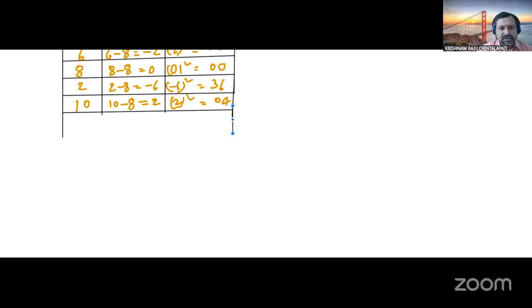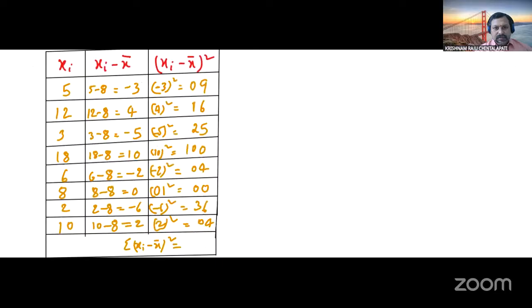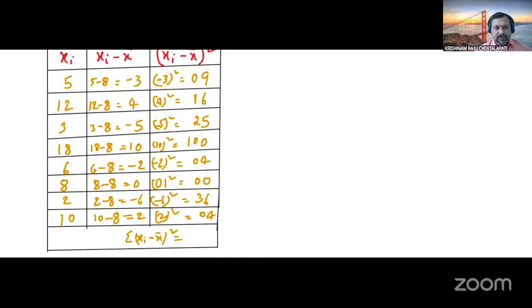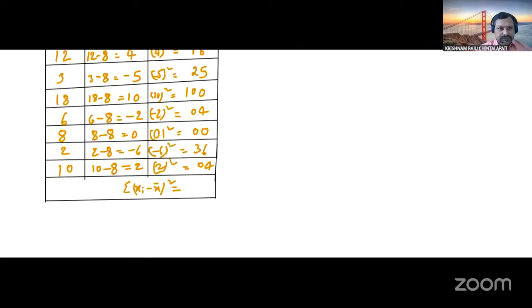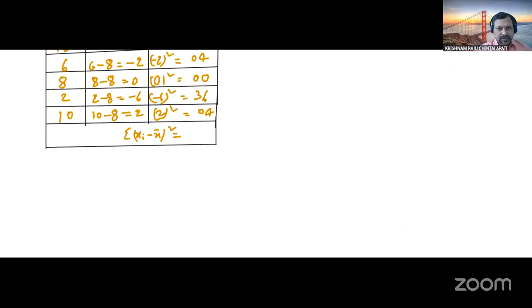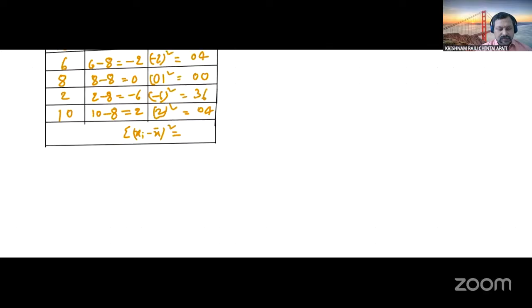So summation of xi minus x bar whole square equal to 194.